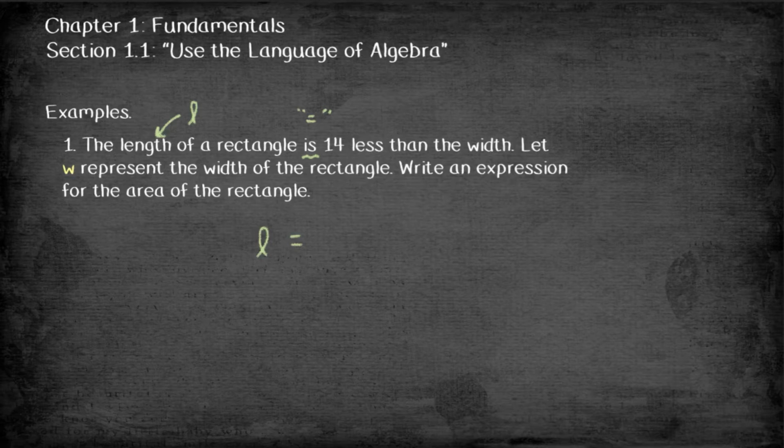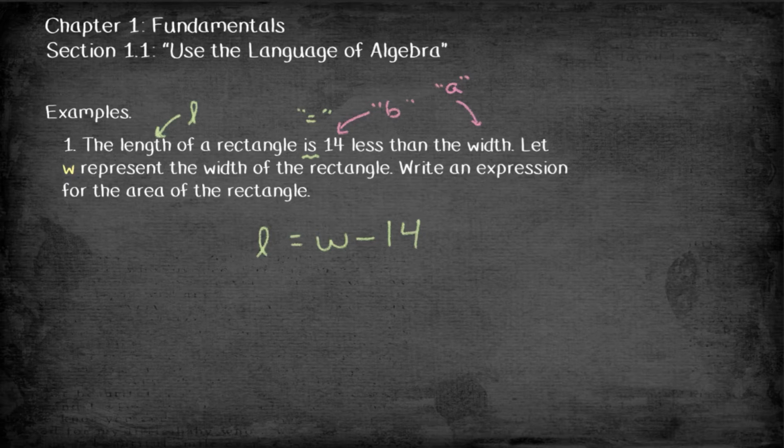Although this guy is playing the part of B, and this guy is playing the part of A. So we're taking the width and we're making it 14 less, which is to say that we are taking W and we are subtracting 14. So the length is W minus 14.